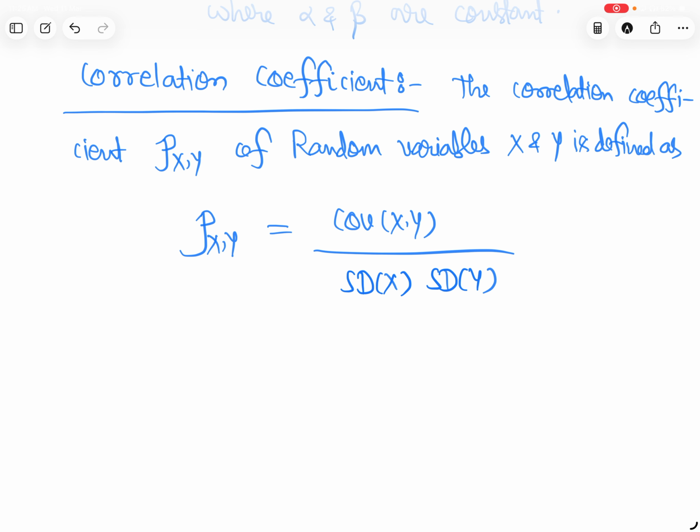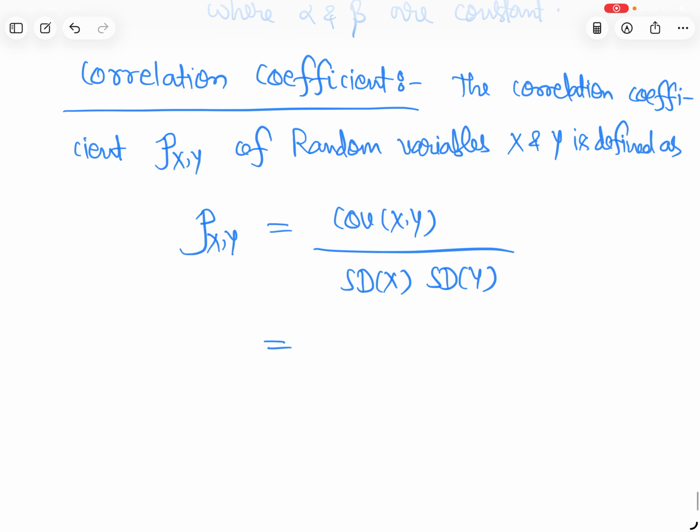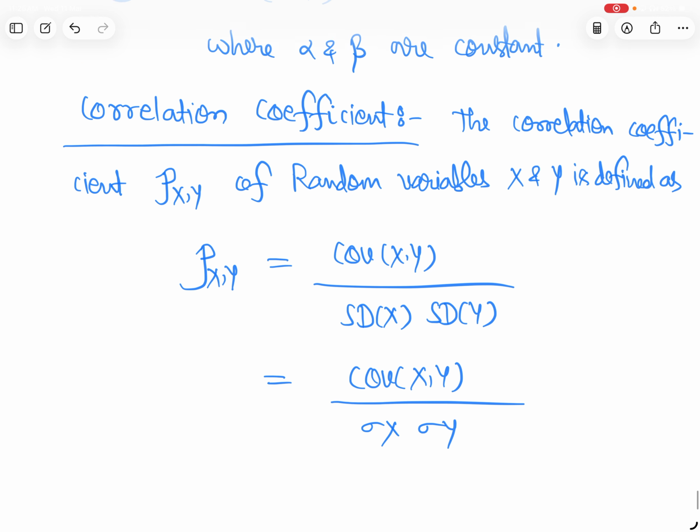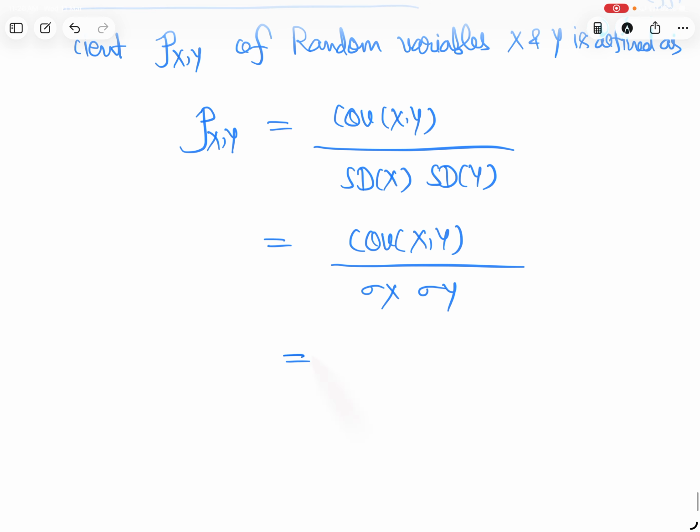And how do we denote the standard deviation of X and Y? Covariance XY, okay, so covariance is denoted this way.